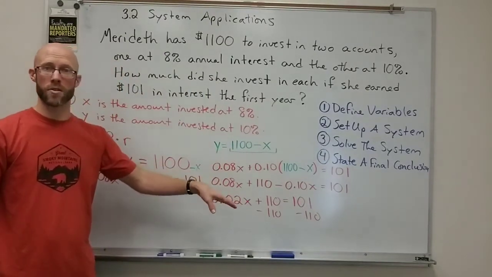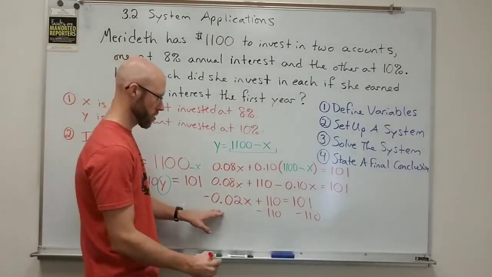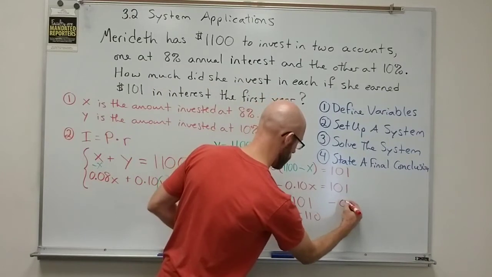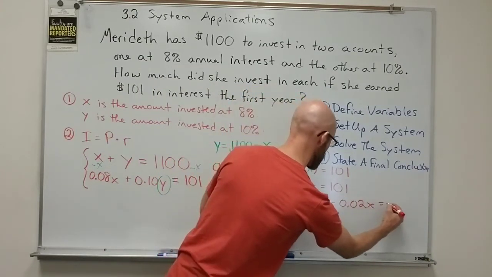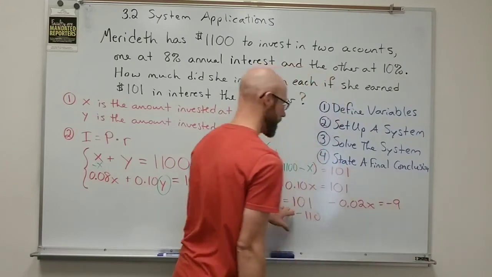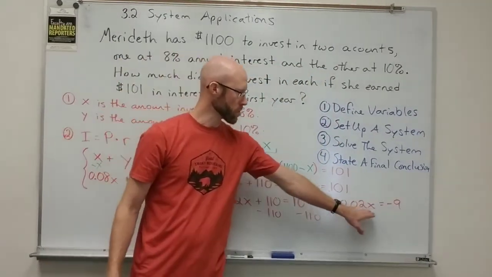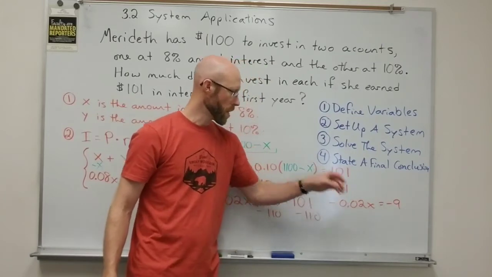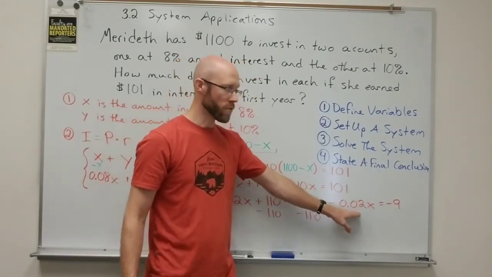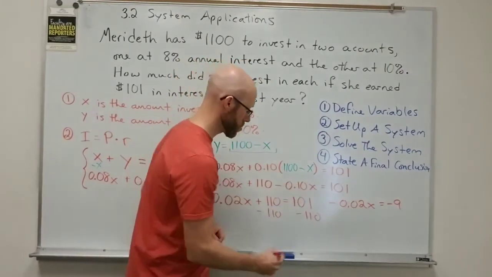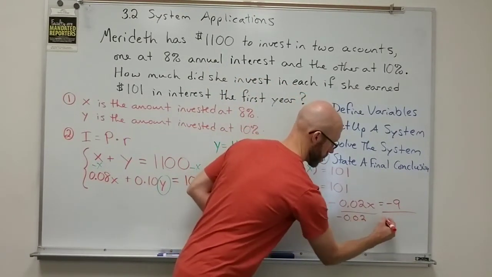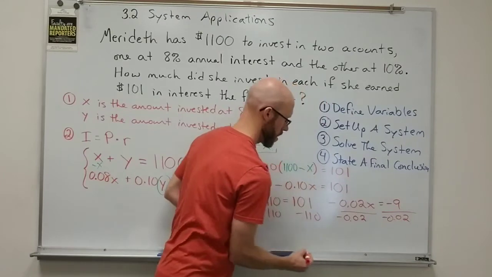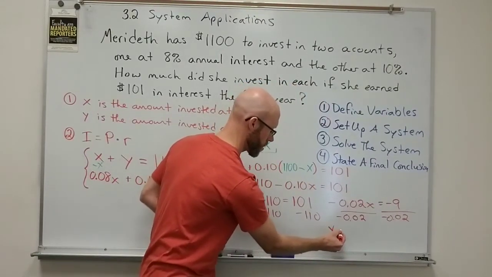101 minus 110 is a negative 9. So I'm left with negative 0.02x equals negative 9. I want to divide both sides by the negative 0.02 to get a final x value.